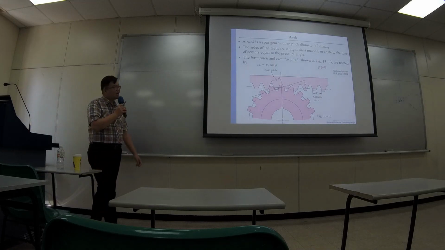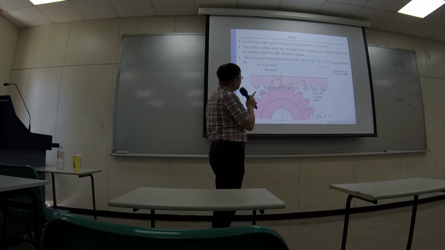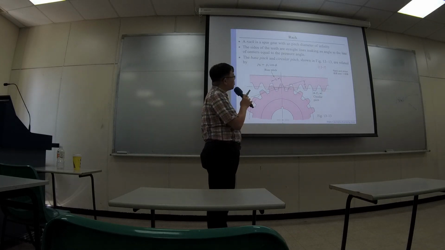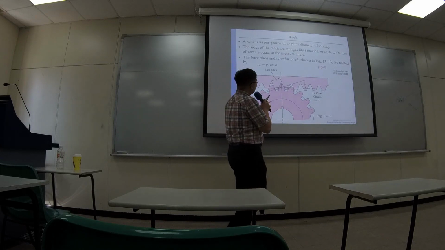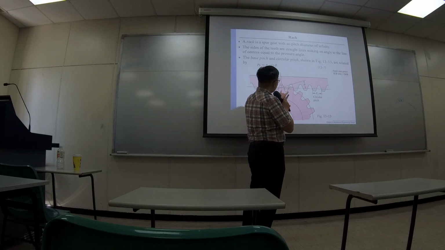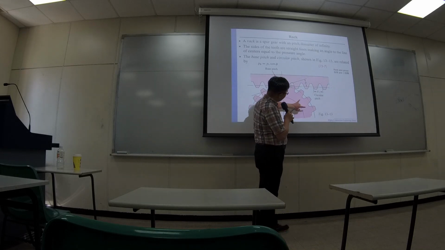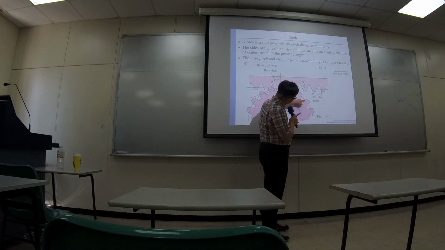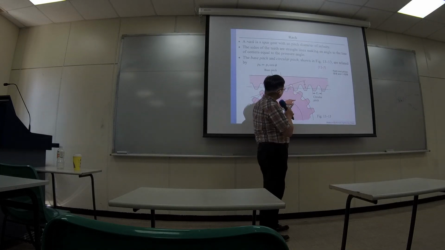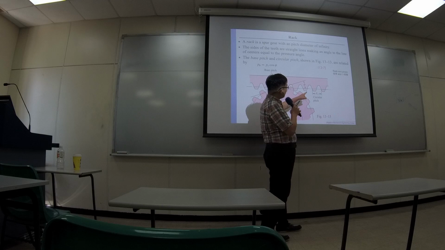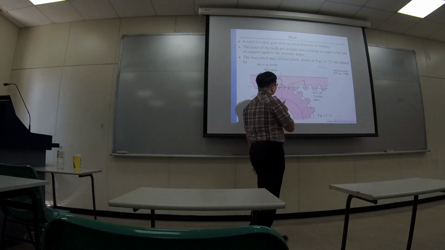Now, it's sometimes very important to calculate the pitch. From previous equations, we were able to compute the arc length from here to here. But we also need to know what the pitch is from here to here for the rack.